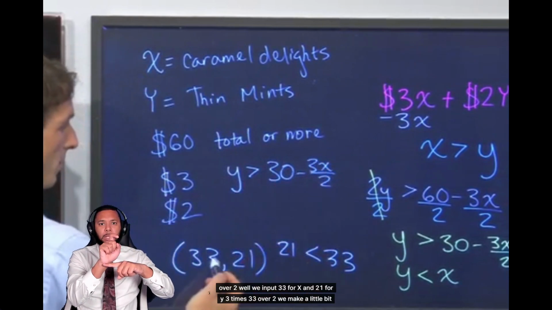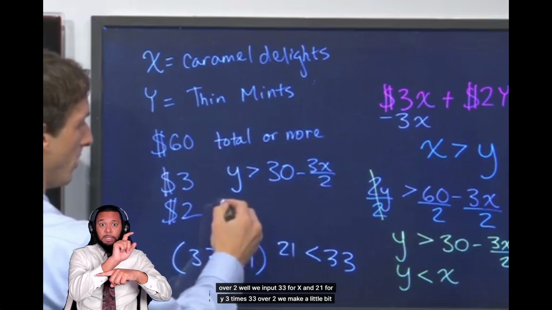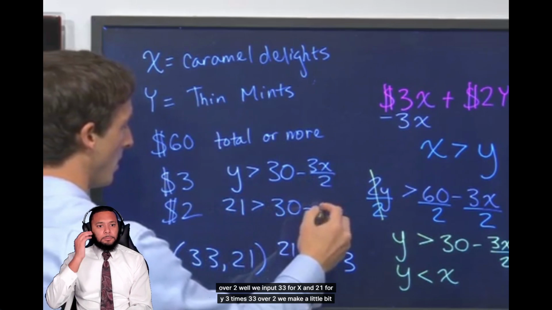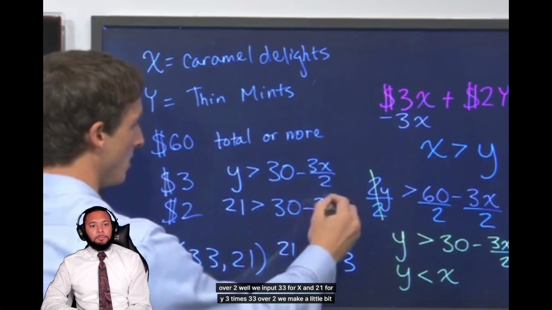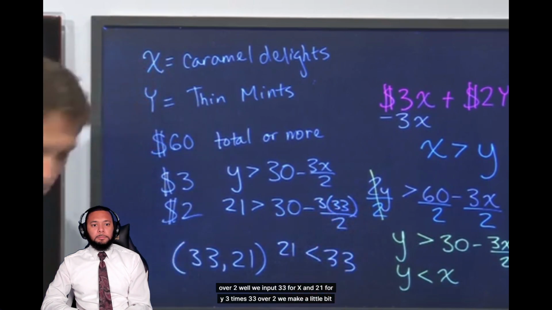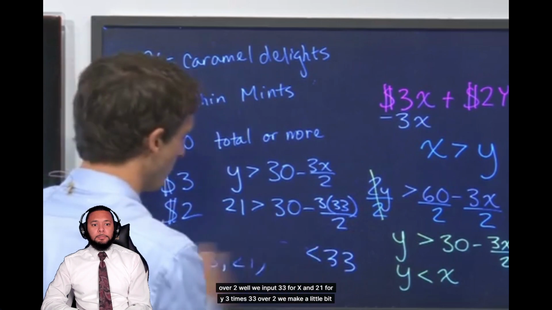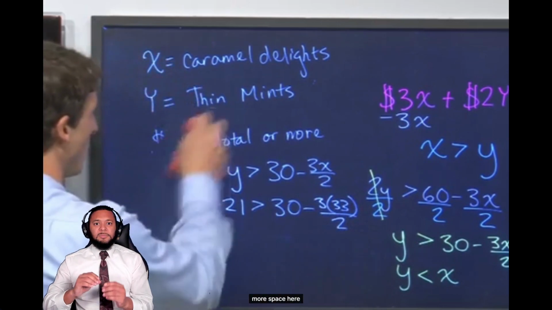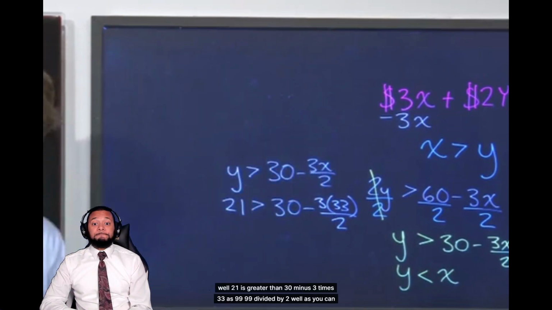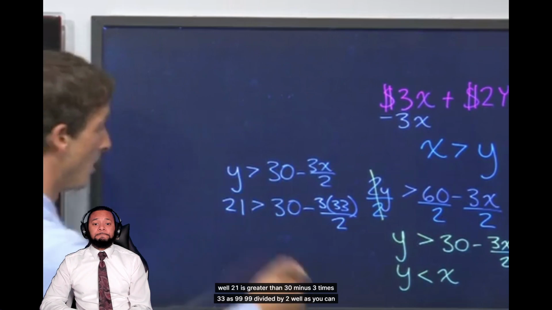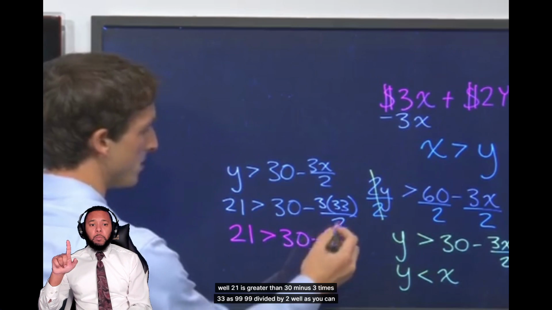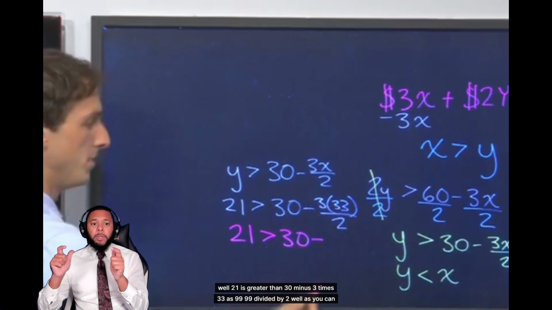Well, we input 33 for x and 21 for y. 21 is greater than 30 minus 3 times 33 over 2.